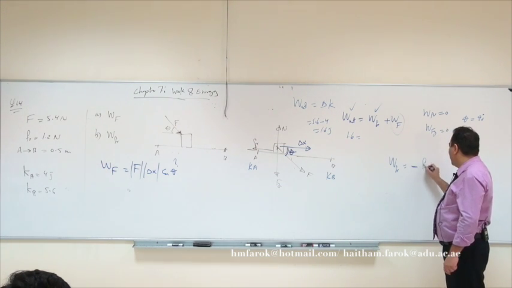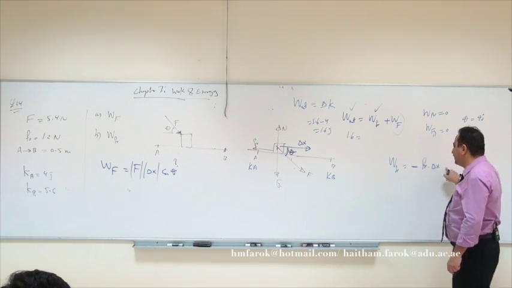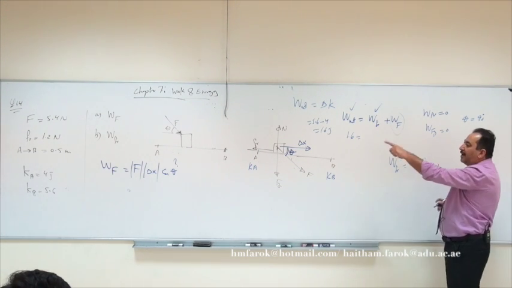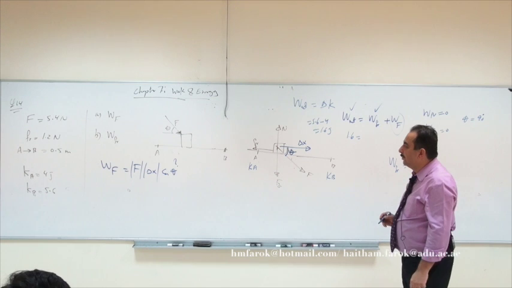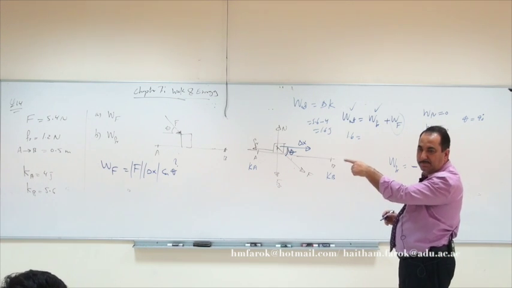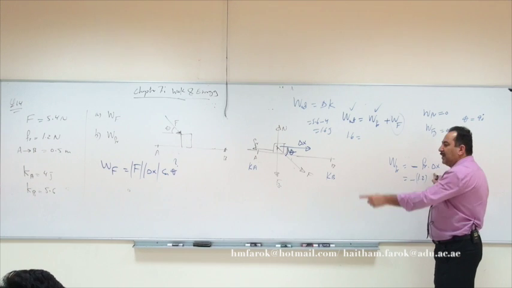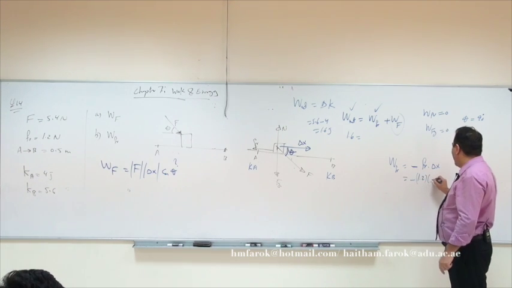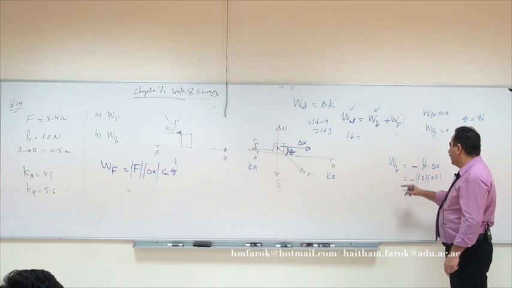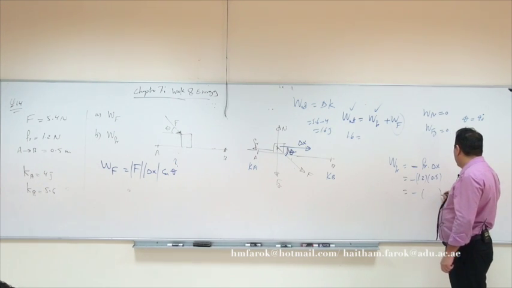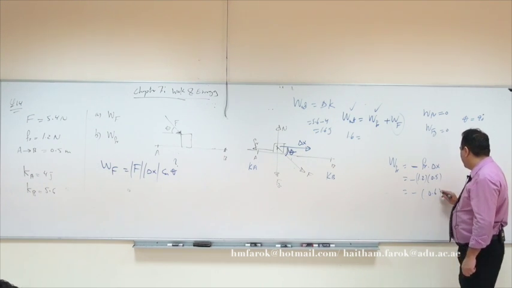FR delta X cosine 180, yeah? So there's no need to put the minus. Is FR given in the question? Yes, 1.2. Displacement, 0.5 meter, yeah? So here you find the work done by friction, 0.6, yeah?